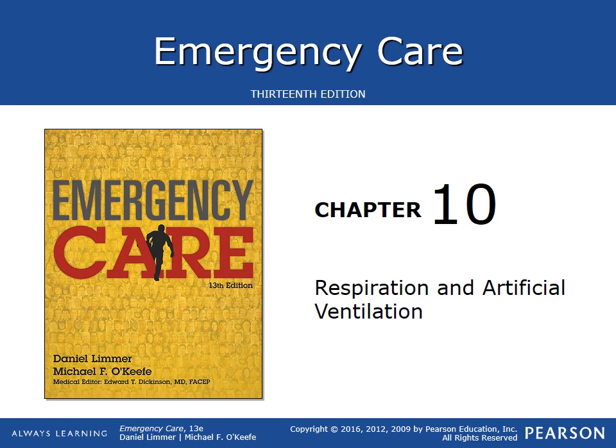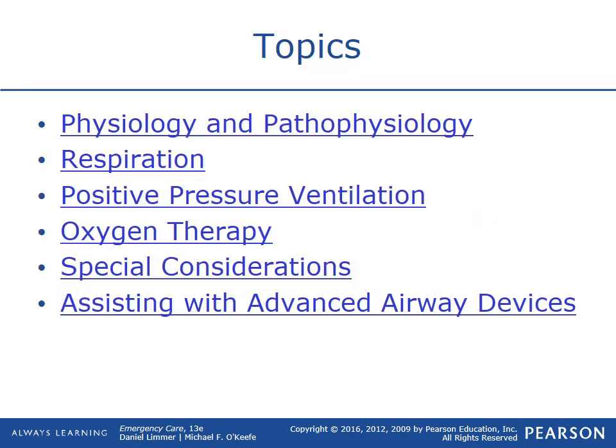All right, so now that we've talked about airway and the importance of having a patent airway, let's talk about respiration and artificial ventilation, the process of air going in and out.